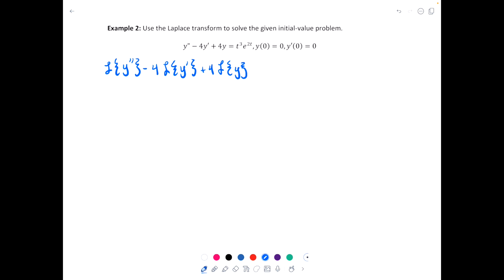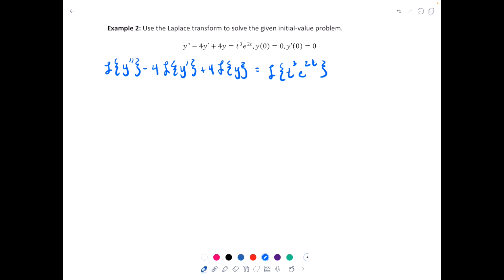We know that that's going to equal the Laplace transform of t cubed times e to the 2t. We just applied the Laplace transform to both sides, and we know that the Laplace transform is a linear operator, so that's why it was able to go into each term on the left side. Cool so far?